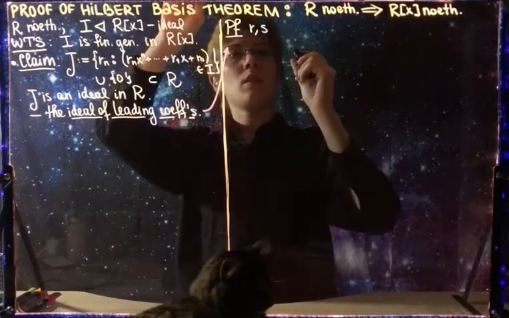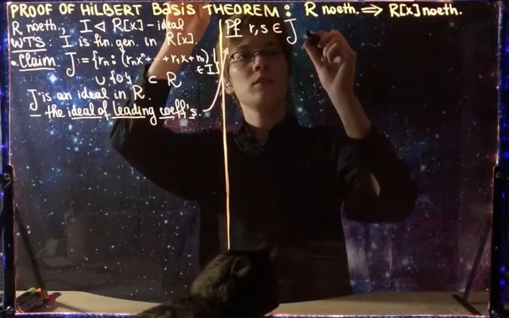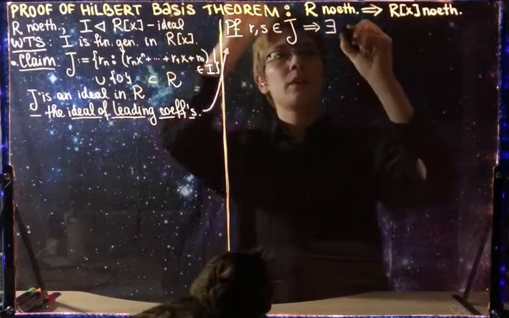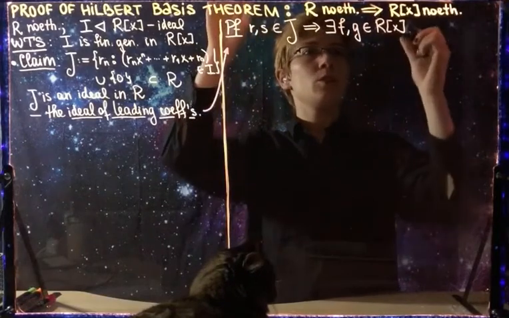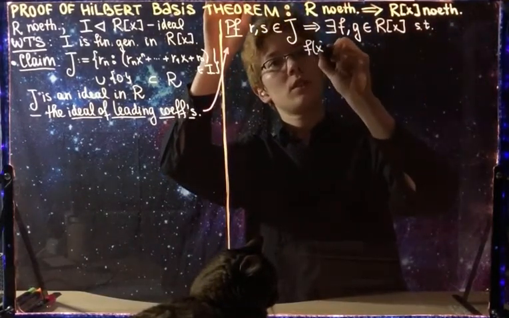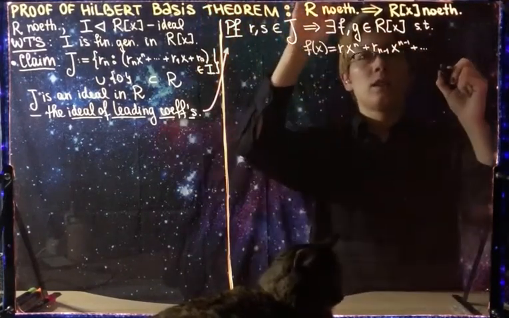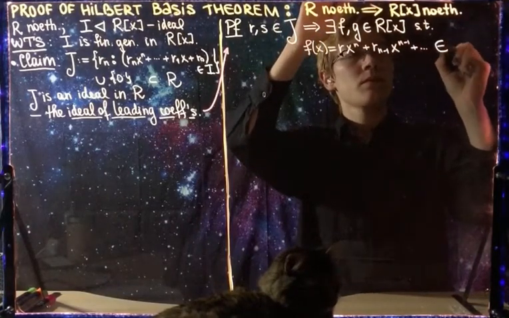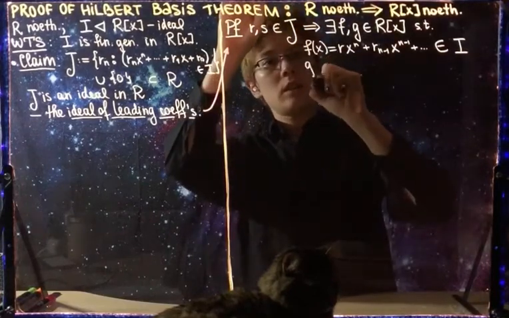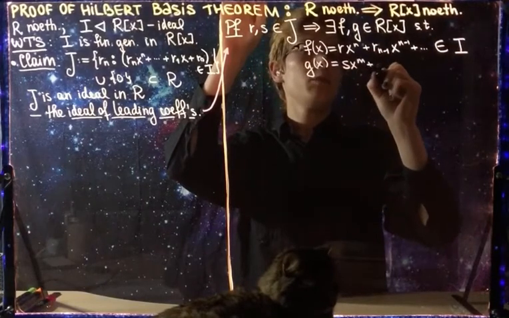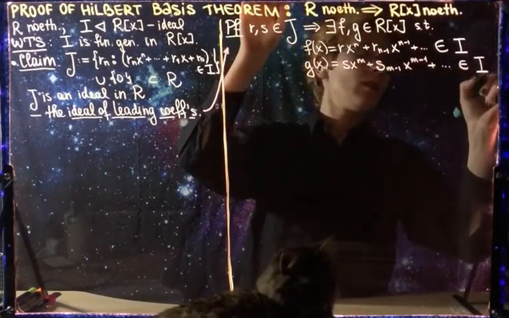The more tedious part is to show that a sum of two elements of J is still in J. So let's take R and S in J. So there exist polynomials f, g in R adjoin X, such that R and S are their leading coefficients, such that f of x is equal to R x^n plus R_{n-1} x^{n-1} plus etc. So R is the leading coefficient of this polynomial, and it is in I. And similarly, g of x is S x^m plus S_{m-1} x^{m-1} plus etc. till S0, and it is also a polynomial in I.